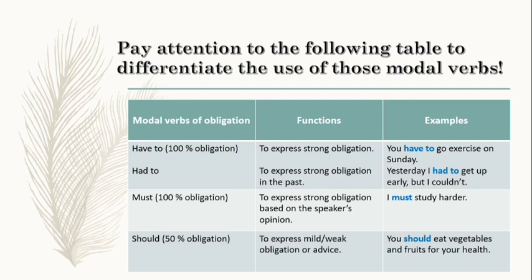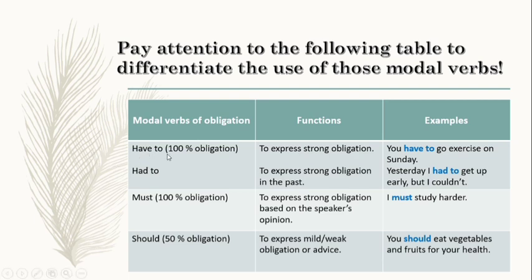In the table, you can see the modal verbs of obligation, their functions, and their examples. In common, obligation can be expressed by using have to, had to, must, and should as the modal verbs that indicate the sentence is an obligation. Let's check one by one.